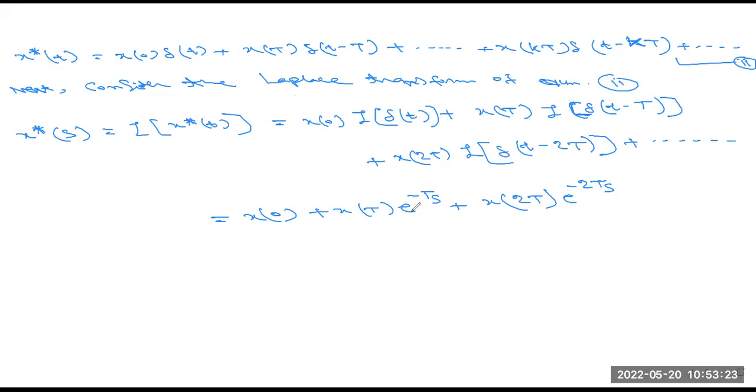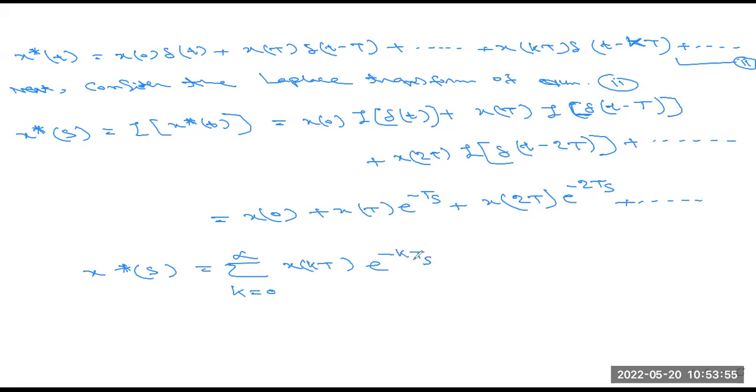Okay. So the equation is x of 0, then x of t, then x of 2t, plus dot dot dot and so on. Now we have to express this equation, that is x asterisk of s, equal to summation of k equal to 0 to infinity x of kt into e to the power minus kts.